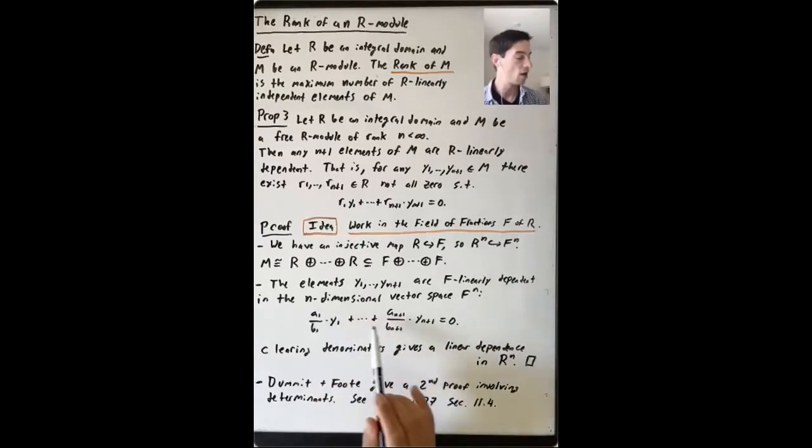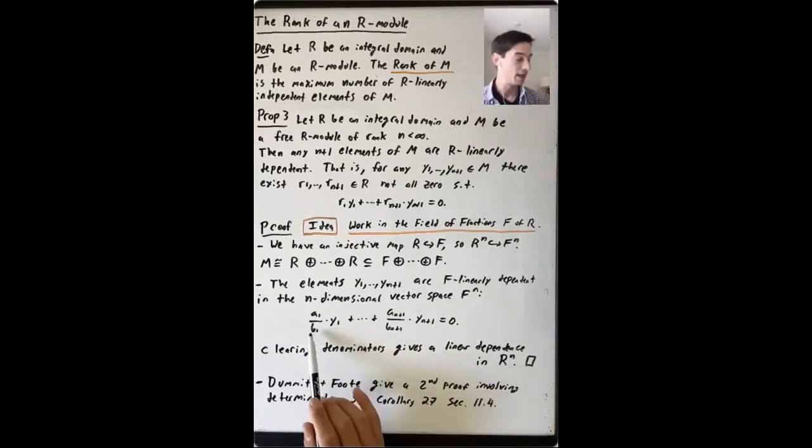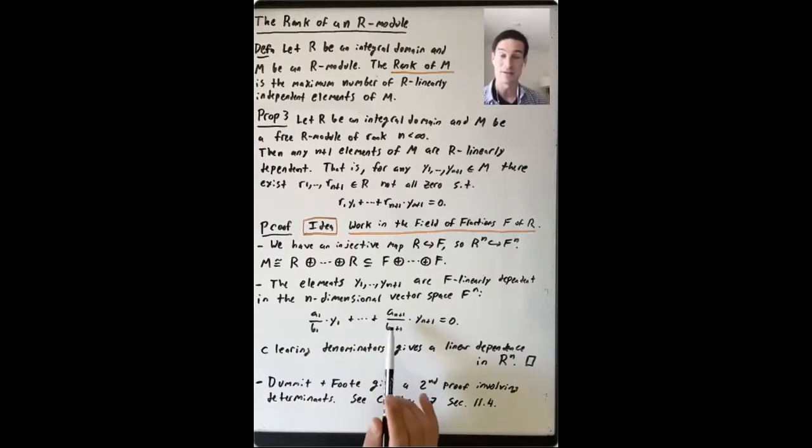We know that not all of these elements of F are 0. And we can clear denominators, meaning we can multiply both sides of this equation by the ring element that is the product of all the denominators.